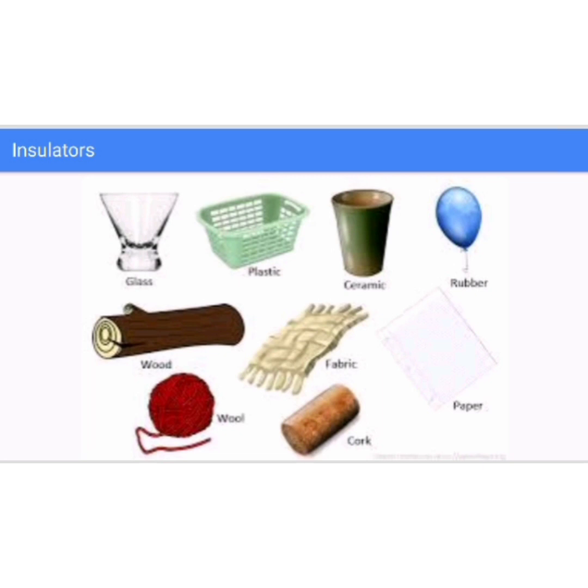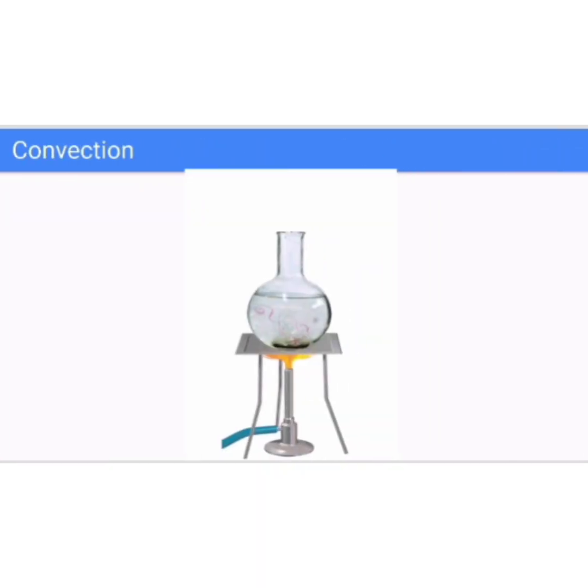Then how does heat transfer take place in these substances? How does heat transfer in water and air? Let us find out. Take a round bottom flask and fill it 2/3 with water.